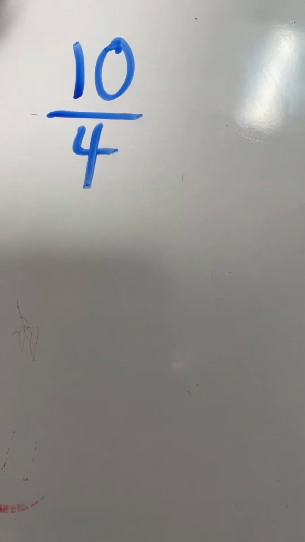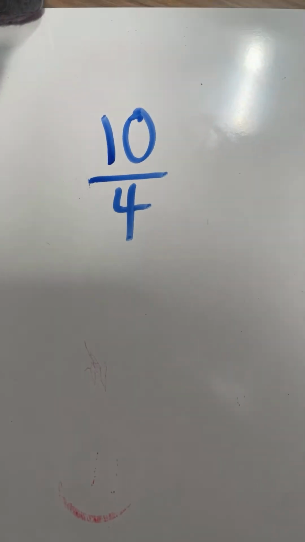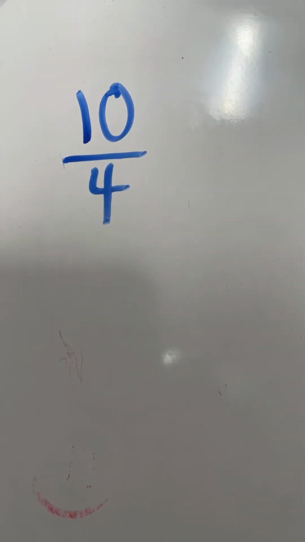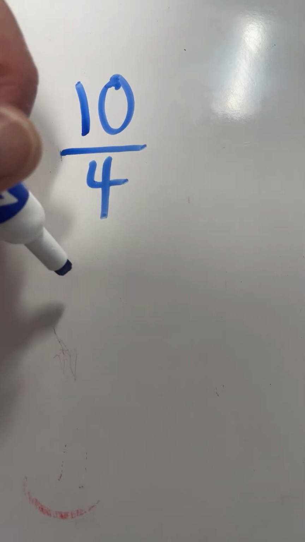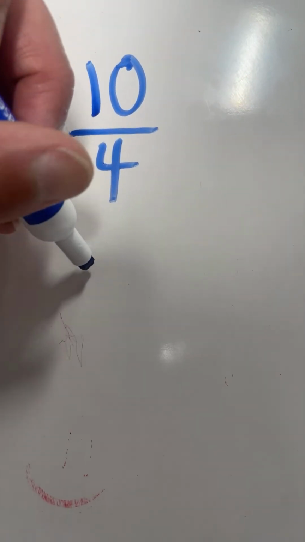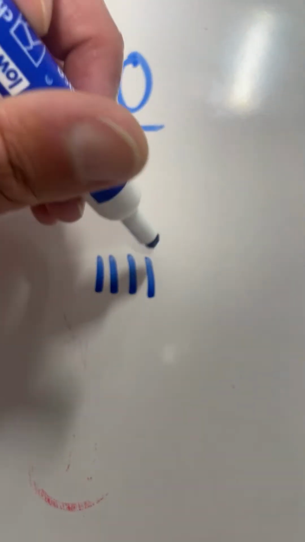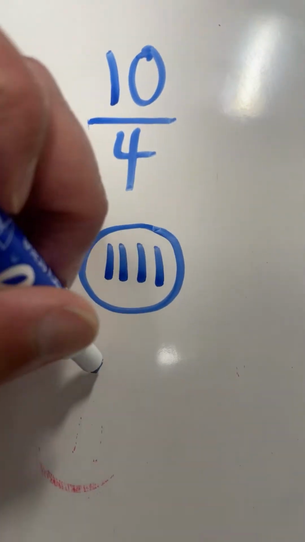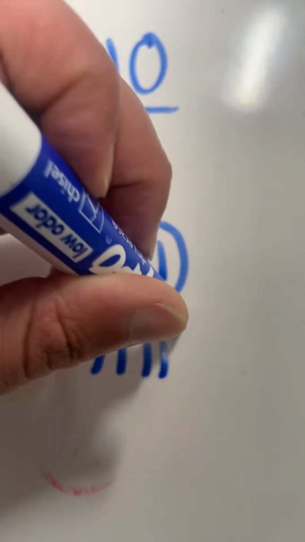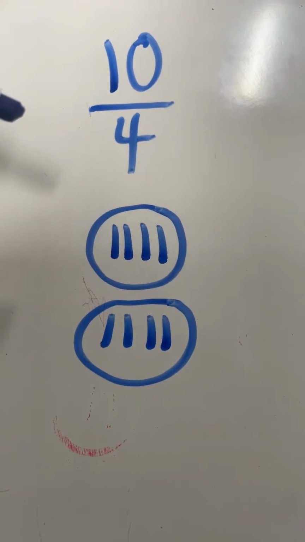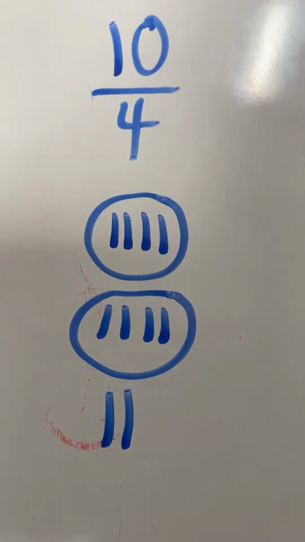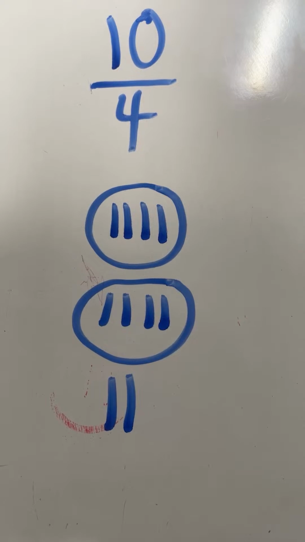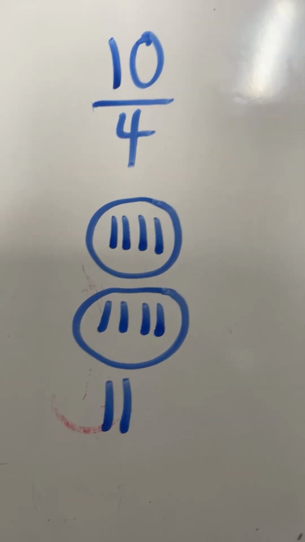All right, the next improper fraction is 10/4. So we got to figure out how many groups of 4 go into 10. So we're going to make 10 total tallies. We're going to make them in groups of 4. 1, 2, 3, 4. That's one full group of 4. 5, 6, 7, 8. 2 full groups of 4. 9, 10. All right, we now have our 10 total tallies.